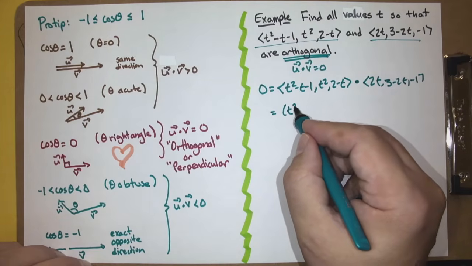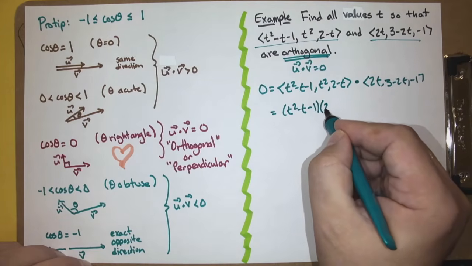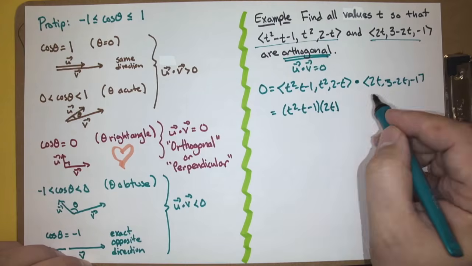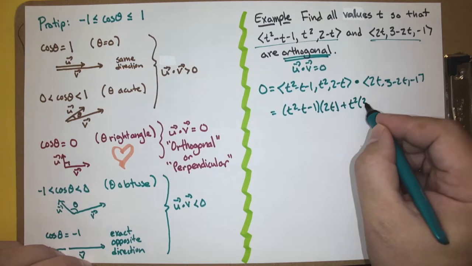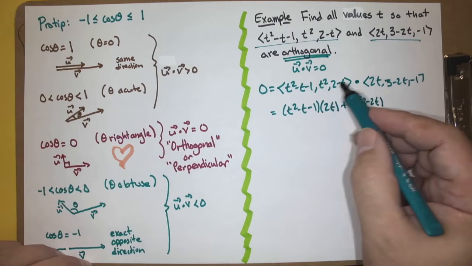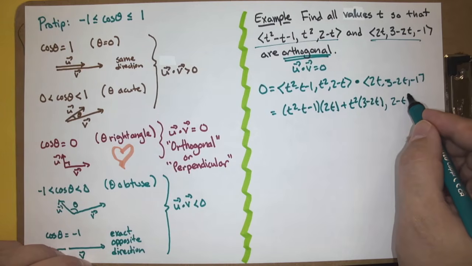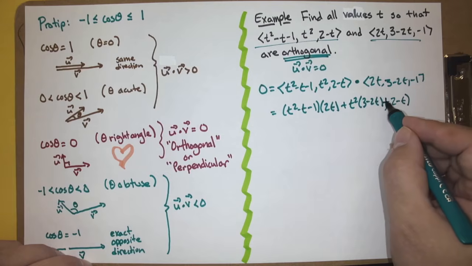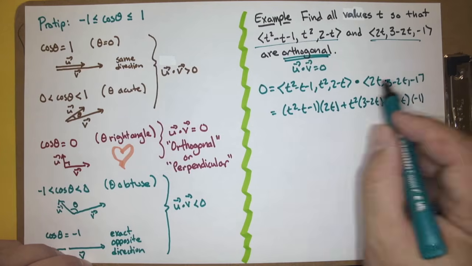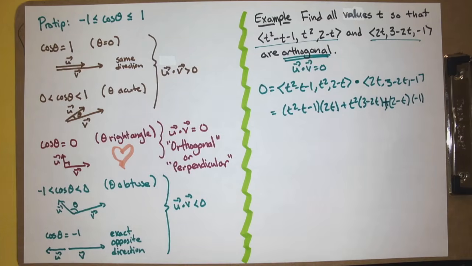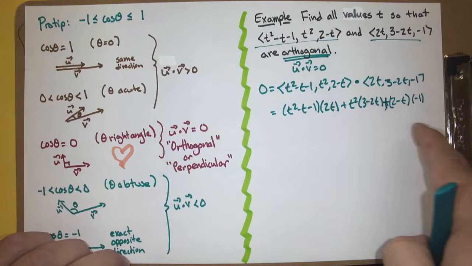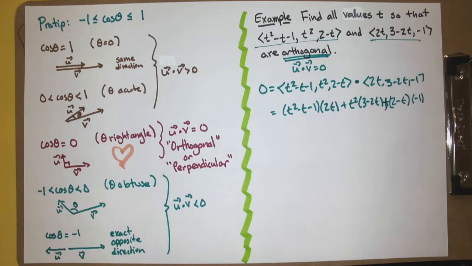It would be t squared minus t minus 1 times 2t, the product of the first two entries, plus t squared times 3 minus 2t, the product of the next two entries, and then 2 minus t times minus 1, the product of the last entries. Now we have a polynomial. So this really is just about polynomial equals 0, solve for the roots.